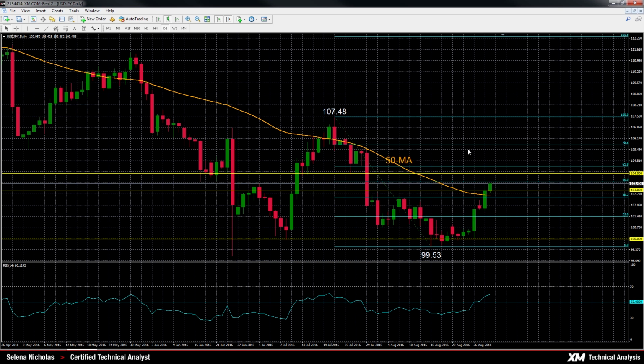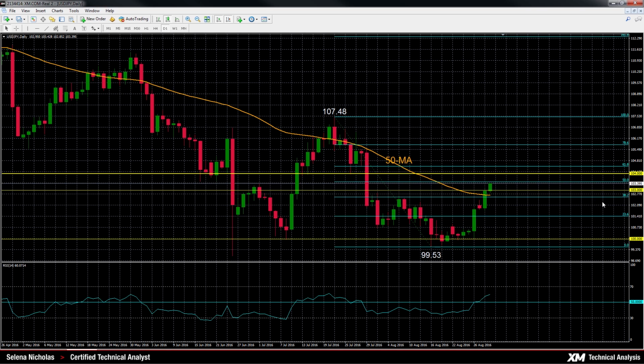And if we look at dollar yen on the daily chart, we can see the upside momentum continues today. So short term, dollar yen is bullish. It's crossed above the 50-day moving average, which helped upside momentum as well. And now we have dollar yen in the 103 yen handle, and the next target now is the 104 level.